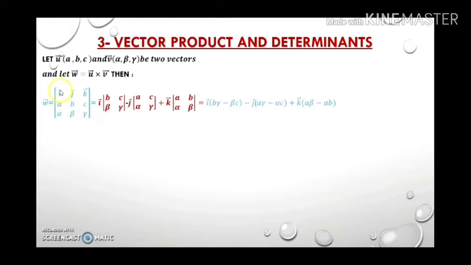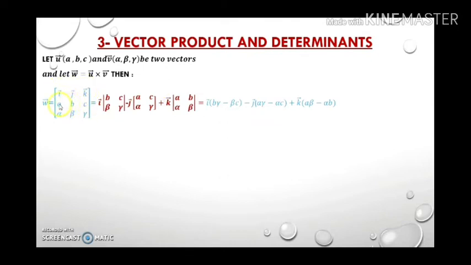We cross out the first column and the first row, and we leave b, c, beta, gamma. We get i times the determinant of b, c, beta, gamma, minus, we cross out the second column and the first row. We leave a, c, alpha, gamma. We get minus j times the determinant of a, c, alpha, gamma, plus, we cross out the third column and the first row.